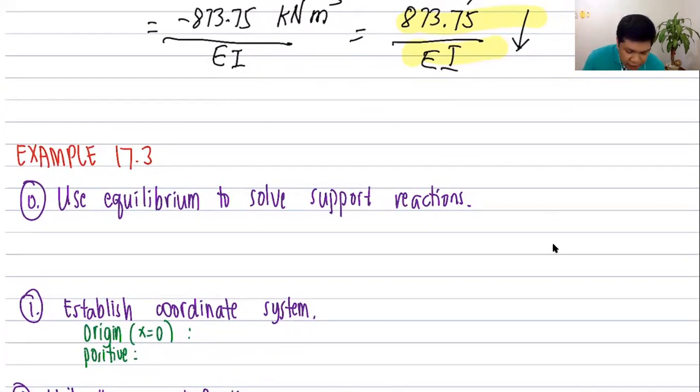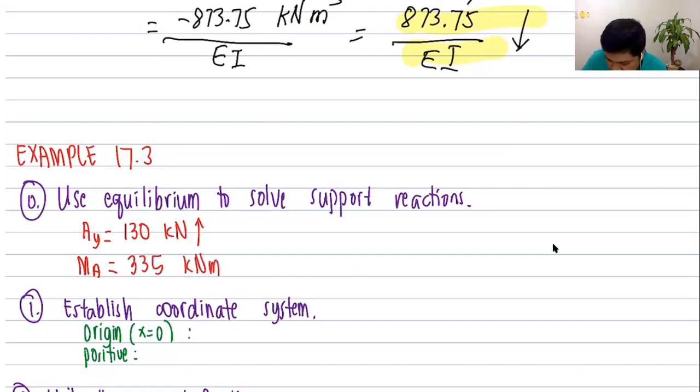Kindly show at home. Since that's a fixed support, I know that the support reaction is actually a force, AY, 130 kilonewtons upward. And the moment reaction, since that's a fixed support, is 335 kilonewton meters counterclockwise.